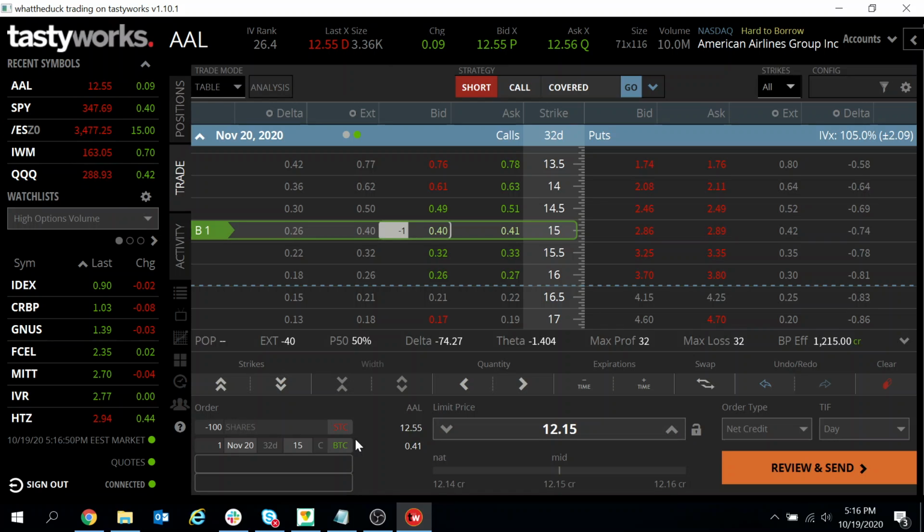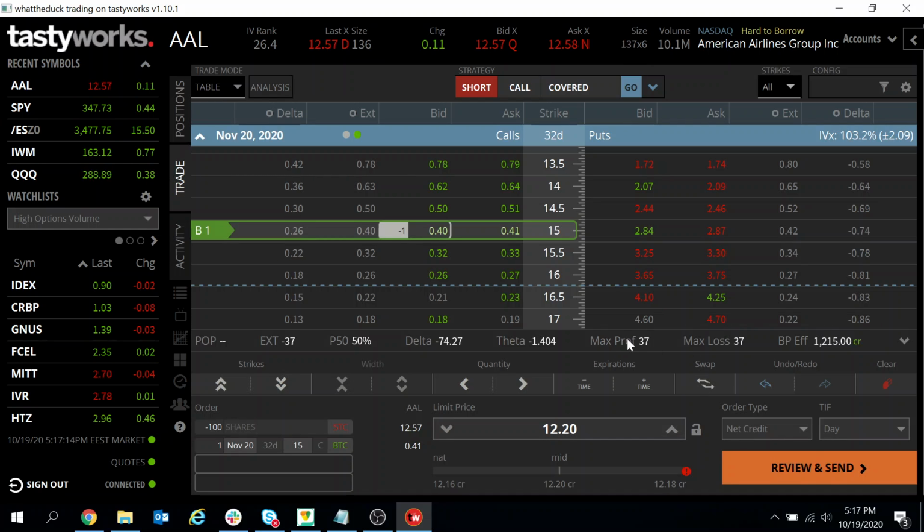And in order to close it, you'll have to do the reverse action that you did to open. So if you had a buy to open, you will have a sell to close. So it's automatically selecting the inverse position of what I had. So basically it sells the stock back in the market and it buys the exact contract back, so we're covered. And that leaves us with a max profit of $37.